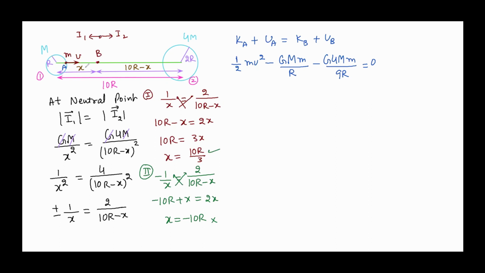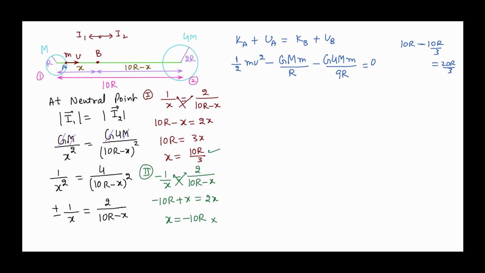This distance is equal to 10r by 3. And what is the value of this other distance? It is 10r minus 10r by 3, which is 20r by 3. So 10r minus x is 20r by 3.